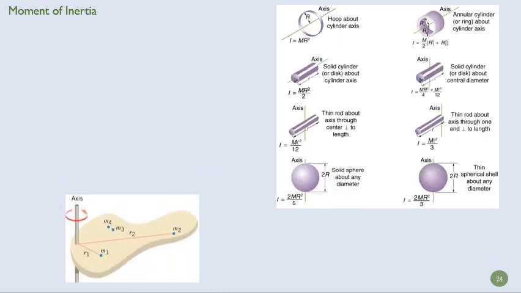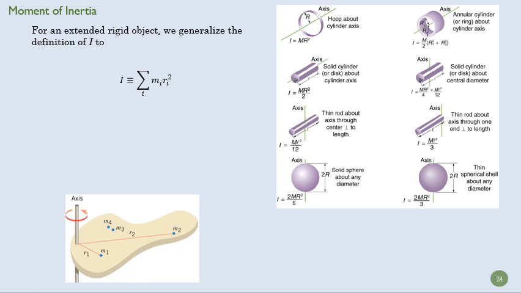How do we actually calculate I? That's quite difficult, actually, in a general way. Here's our formula for that, and this just means the sum of all of our particles of mass multiplied by their radius squared. So if we were going to figure out I for this object, we'd have to find all of the mass points.